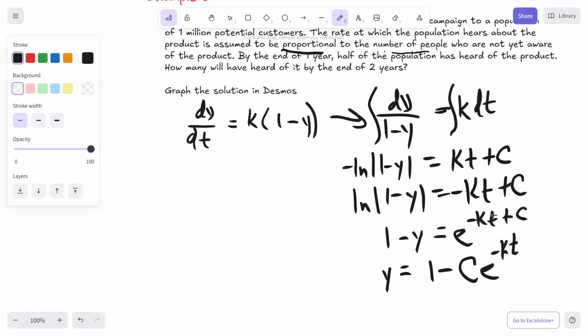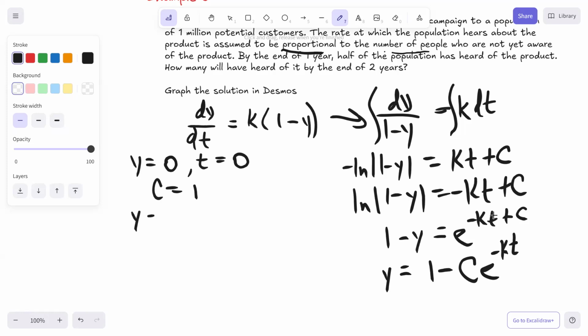So to solve for the constants c and k, we would have to use the initial conditions. When t is equal to 0, y is equal to 0, because remember, y represents the number of people in millions who have heard of the product. So when I plug that in, I'm going to get c equals 1.